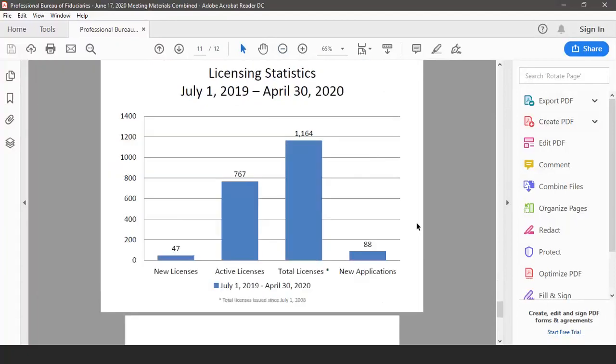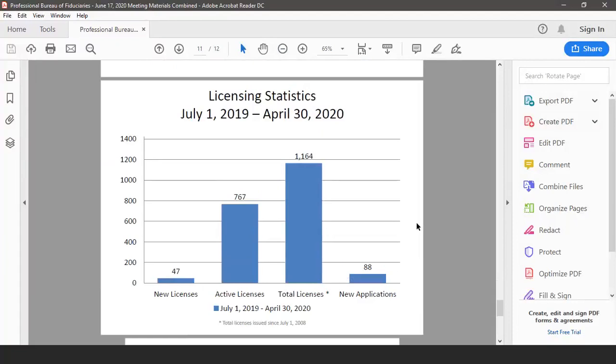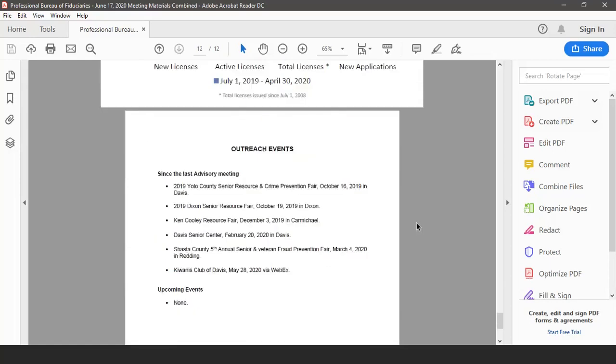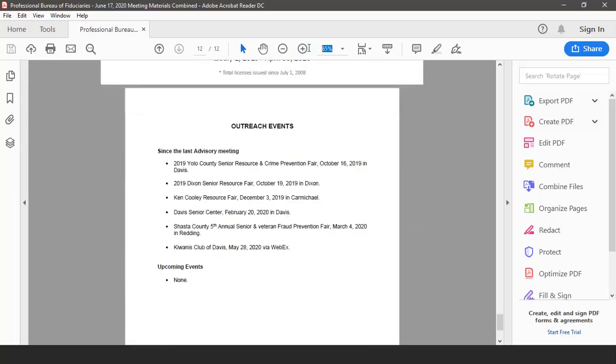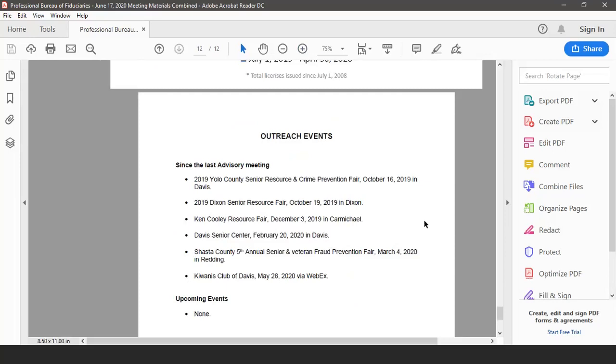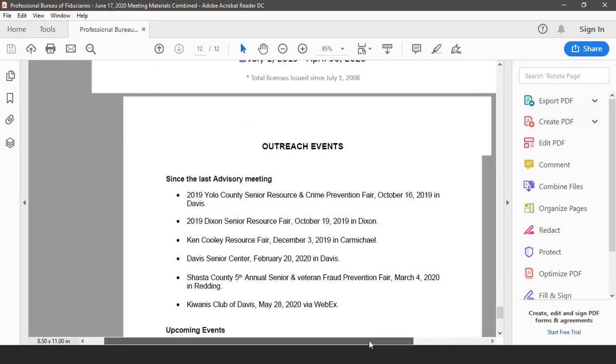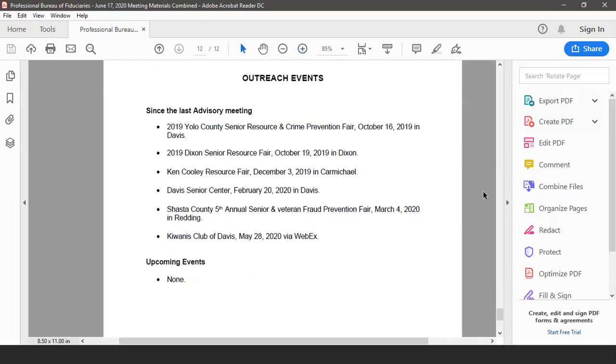So moving on to our outreach events, we've had quite a few since our last advisory committee meeting. We attended the Yolo County Senior Resource and Crime Prevention Fair in October, and that was in Davis. We attended the Dixon Senior Resource Fair in October. Assembly member Ken Cooley held a resource fair in Carmichael in December.